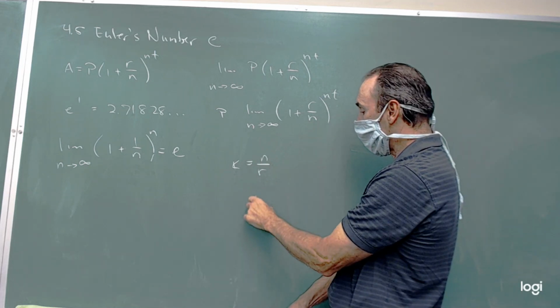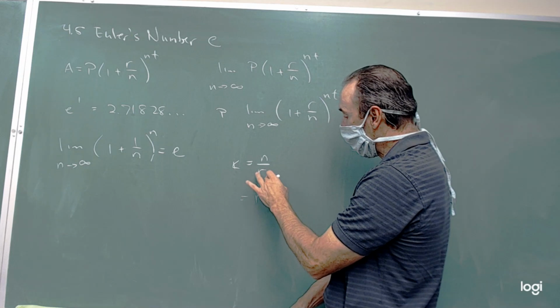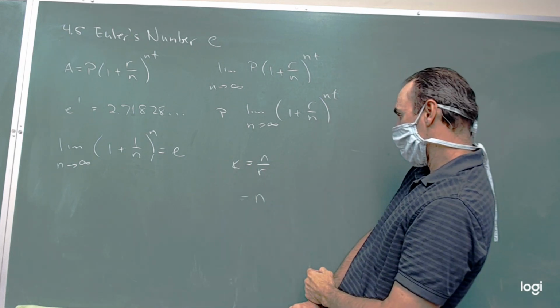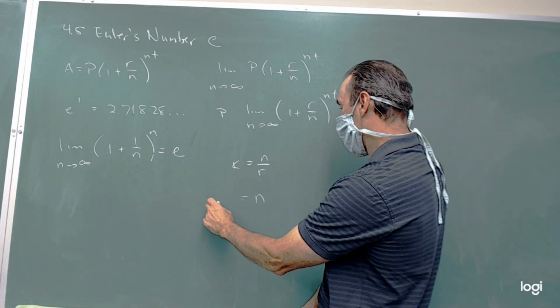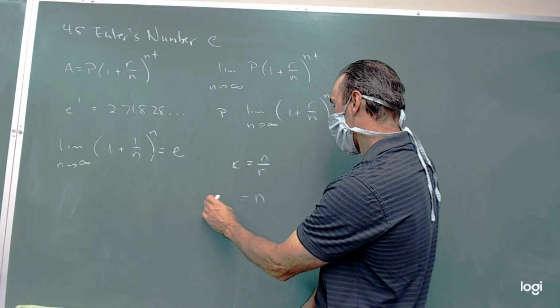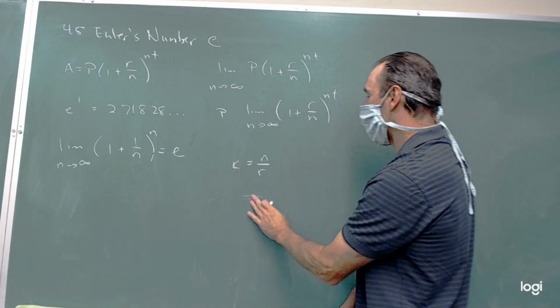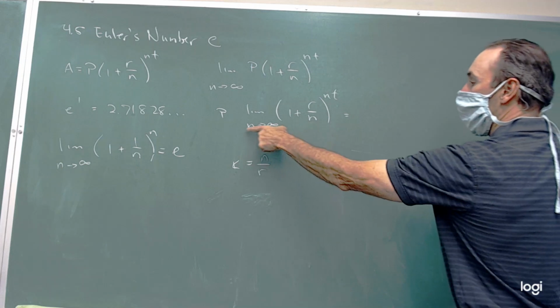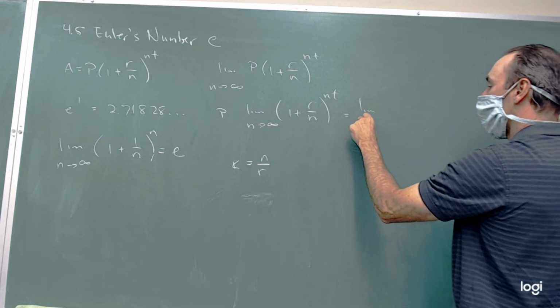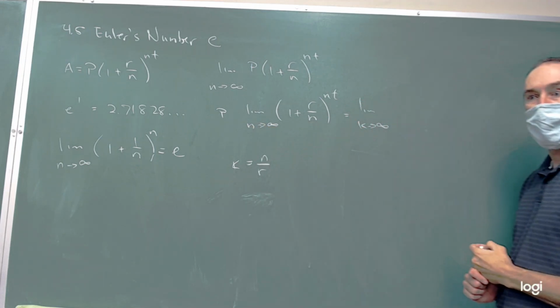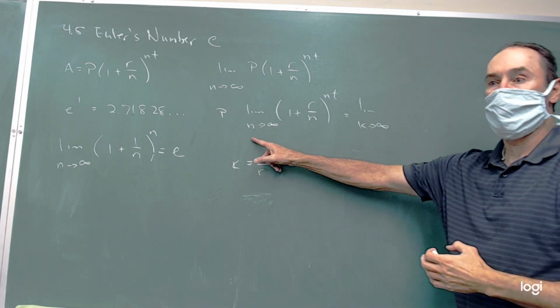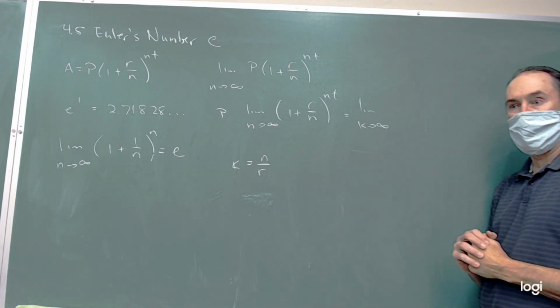So I'm going to say this n is going to be, if I multiply that over, it will be r, no, let me do it this way. I'm going to change that to the limit as k goes to infinity, because that's still going to force n to go to infinity.